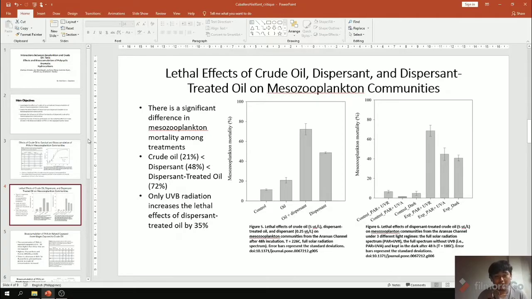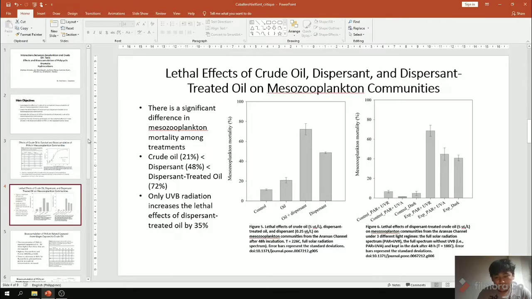It showed that mortality is highest in the dispersant-treated oil, which is actually funny, because the dispersant that is used is considered to be the least toxic among all the dispersants. So 72% for dispersant-treated oil, then dispersant alone 48%, crude oil 21%.